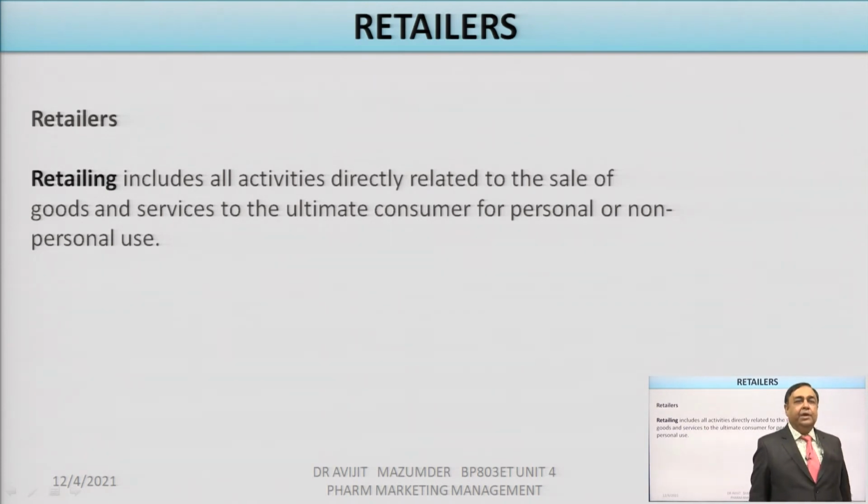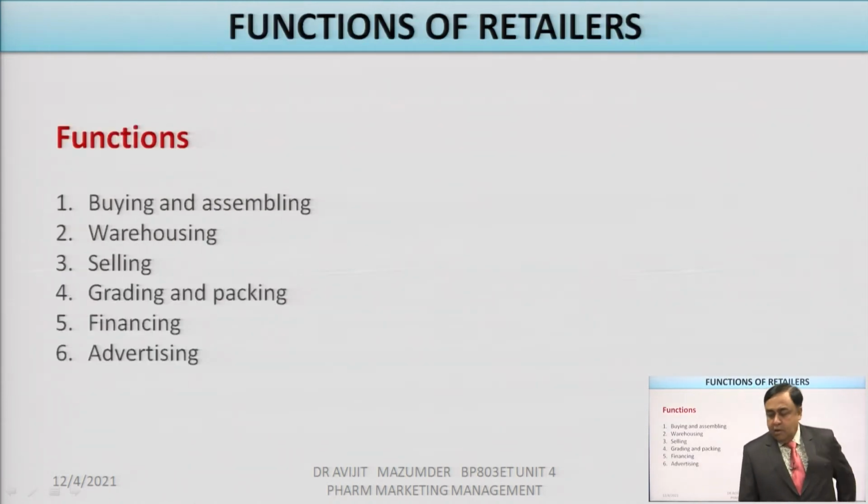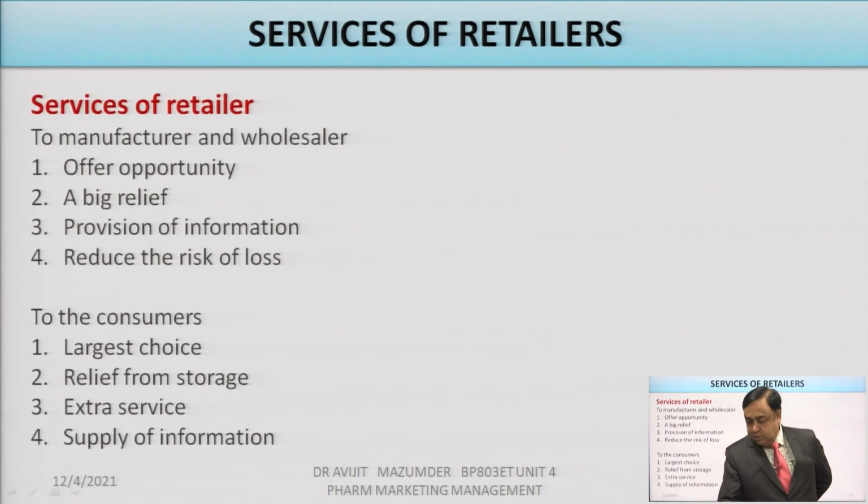So, to be very frank, retailing includes all the activities directly related to the sales of goods and services to the final end users. What are their functions? Their functions are buying and assembling the product, warehousing, selling to the final customers, grading and packaging, financing and advertising or promoting the product to the end users.